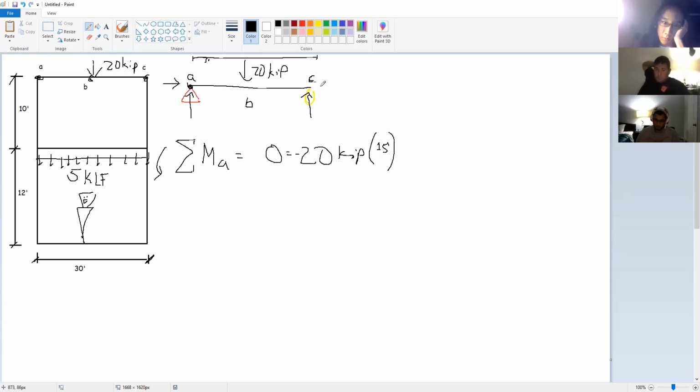And then we have this one. It's going counterclockwise, positive. So RYC, and how far away is this? Just 15, right? No, 30. 30, correct. My bad. 30 feet.